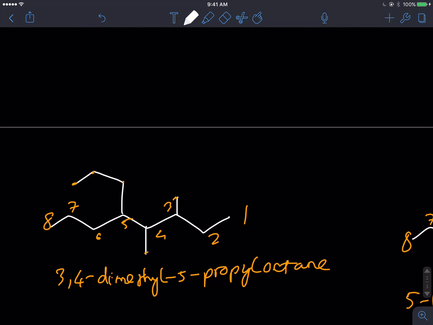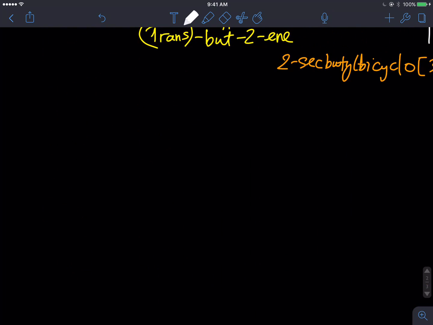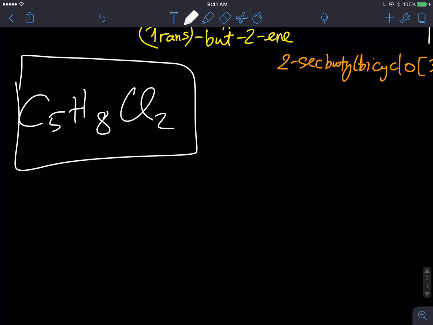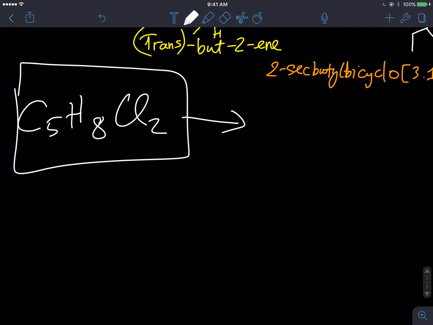And what if he gives you a structure like this? C5H8Cl2, this structure. What you do is try to transform this one into one with carbon and hydrogen only. It's going to be C5H10, right?